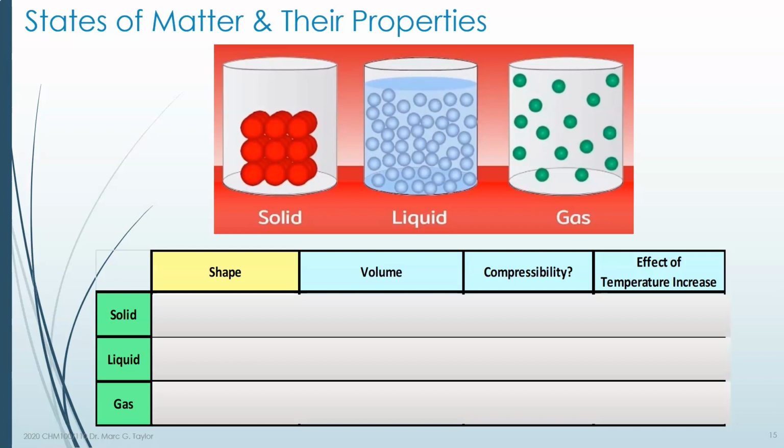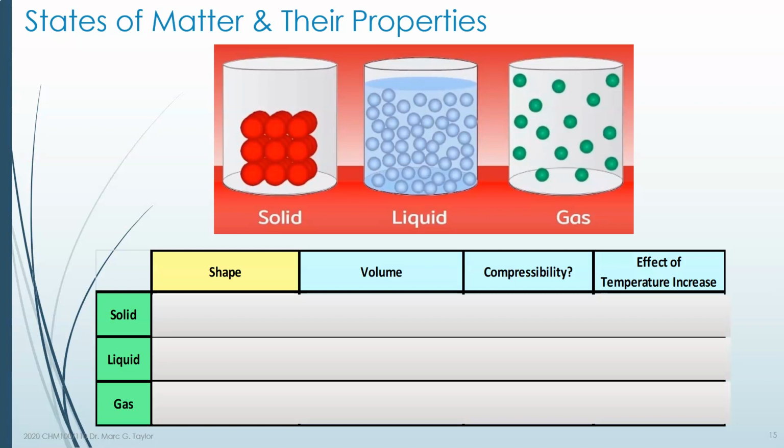Whereas in liquids, we start to see more space and the particles can move around a little bit. And in a gas, the particles are completely separated. They're not linked to one another, and they're not bonded to one another even a little bit. They're actually just bouncing around at high speeds within the container. If they hit against one another, they do not adhere to one another.